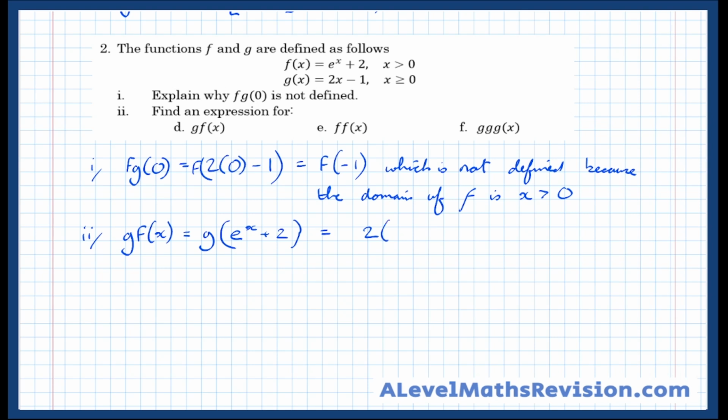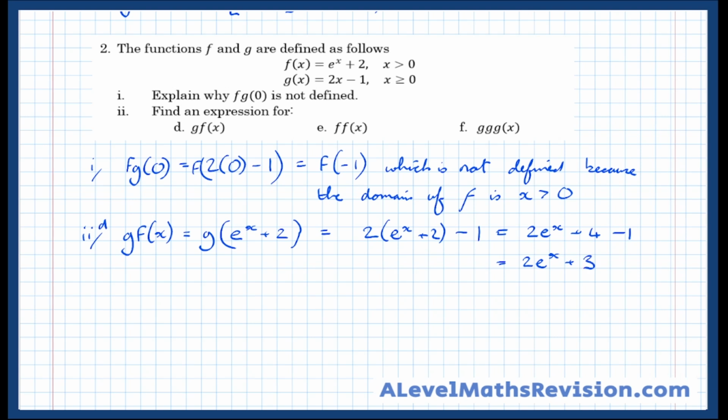So it doubles whatever it's fed, then takes 1. So that becomes 2e to the x plus 4 take 1, which is equal to 2e to the x plus 3.